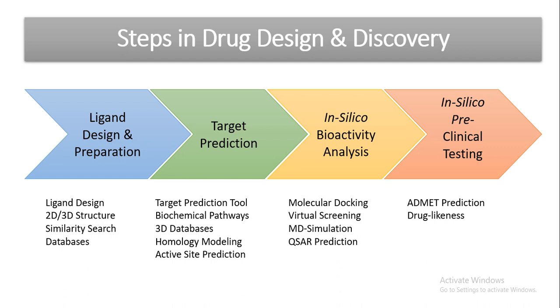We can also perform virtual screening for a large number of compounds like libraries, and molecular dynamics simulations and quantitative structure activity relationship prediction to find the activity of our compound. Finally, we have in silico preclinical testing, in which we can predict the ADMET profile or molecular descriptors of our compounds and the drug likeness of our lead compound.